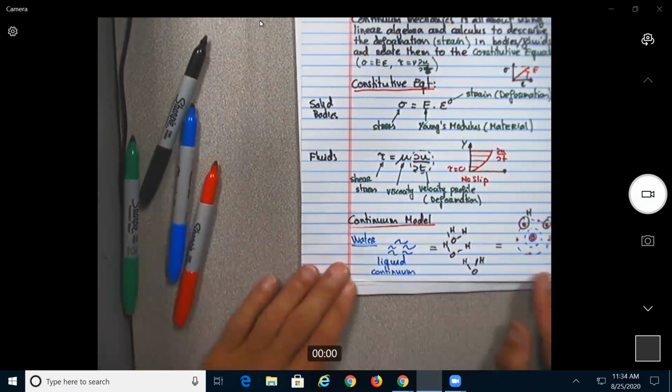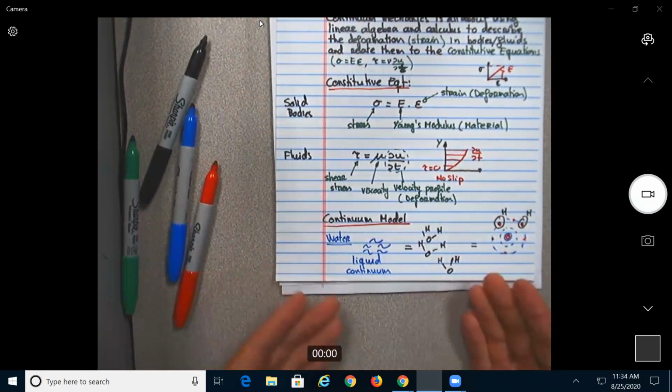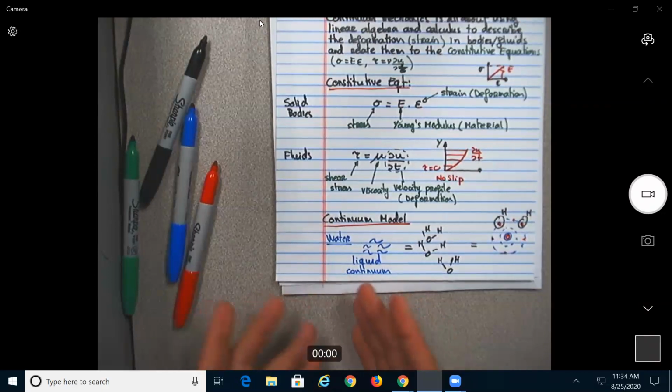It's just to see that depending on what scale you want to study the problem, the equation will be different, okay? So when we say continuum, it's at this level over here. So for liquid, it will be liquid water. If you look at the solid medium, it will be the one you can touch. You're not going to start looking at the microscopic properties or even smaller, okay?